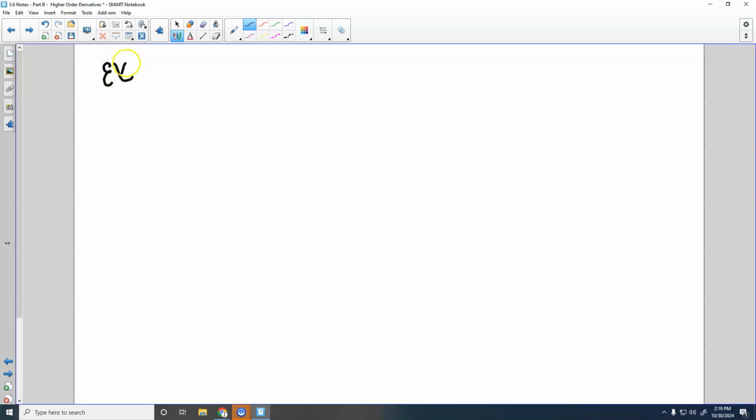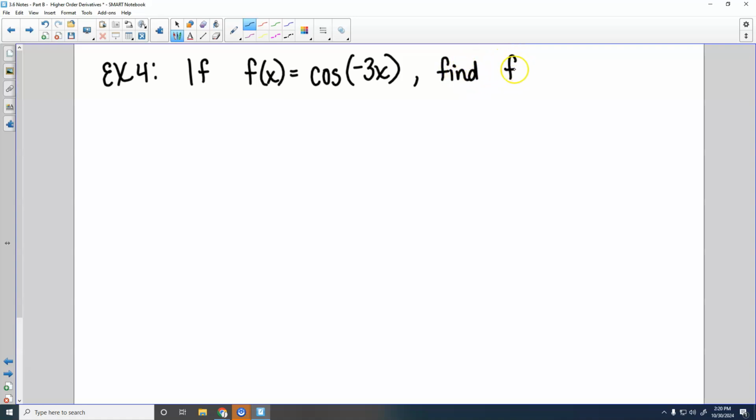Let's do an example 4, and let's say if f of x equals cosine of negative 3x, find f triple prime of x. Third derivative means you got to take the derivative 3 times.